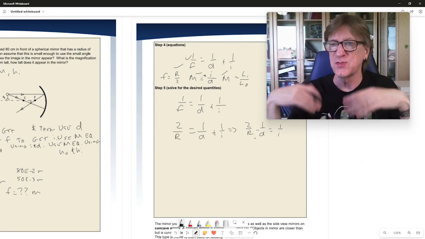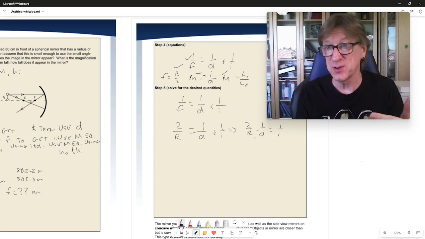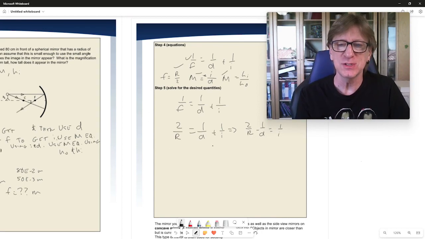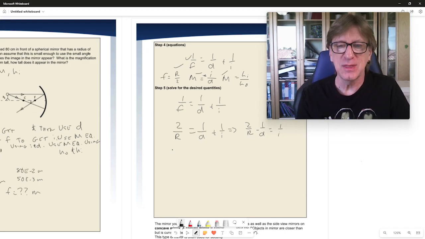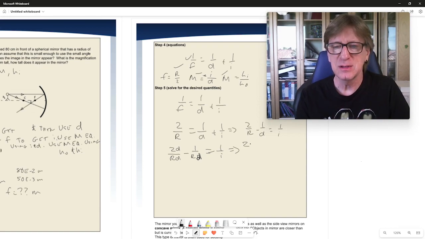I can't just flip these. Lots of students want to just flip all 3 fractions, and that's not going to work. We have to get a common denominator first. Well, our common denominator here is going to be RD. So that tells me that 2D over RD, see that the D's cancel, and I'm left with 2 over R, minus 1 over RD, lowercase d, must equal 1 over I. And so putting those together then, I get 2D minus 1.